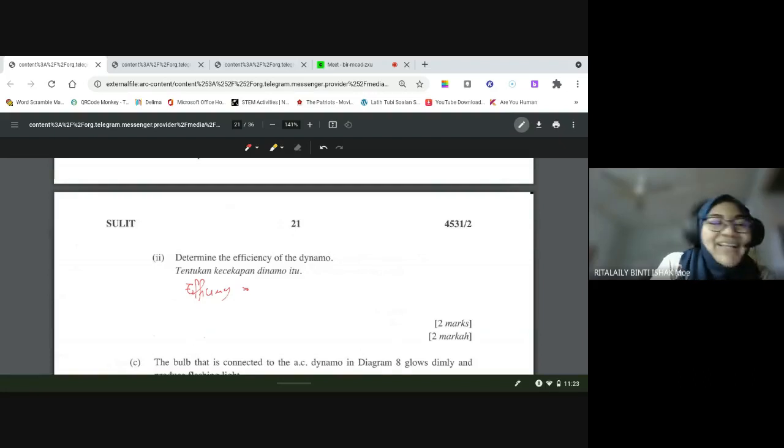Okay, PO divided by PI, not PI divided by PO, times 100. So PO is 3, PI is 15, times 100, we get 20%. Yes, correct Larissa.